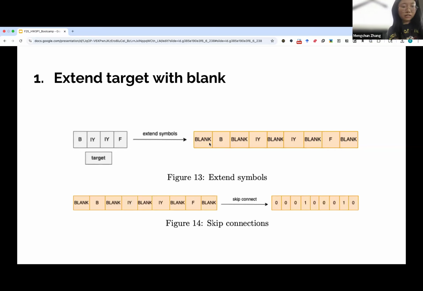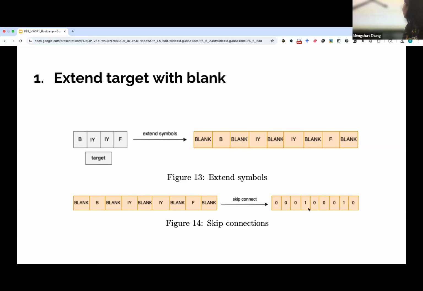Also, CTC allows for skip connections. This is defined where the model can skip the blanks. For example, the one here denotes a position where the model is allowed to skip. That means the blank right before this position can be skipped.